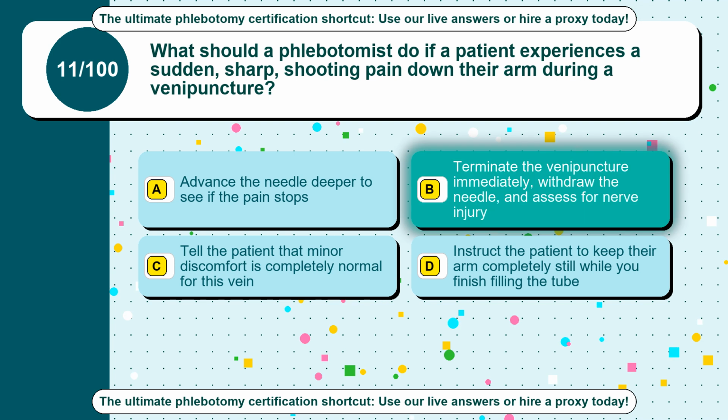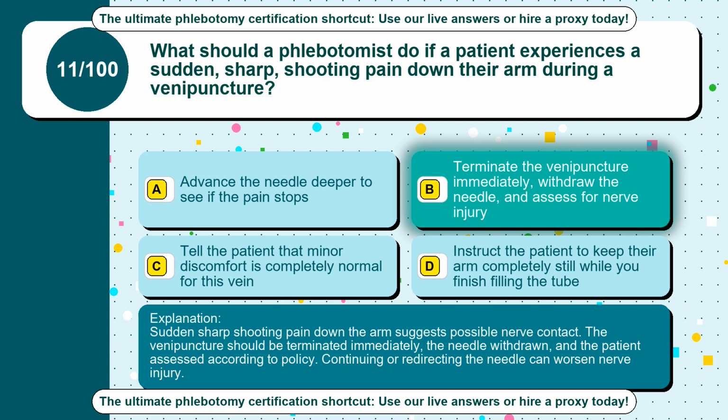The correct answer is option B. Terminate the venipuncture immediately, withdraw the needle, and assess for nerve injury. Sudden sharp shooting pain down the arm suggests possible nerve contact. The venipuncture should be terminated immediately, the needle withdrawn, and the patient assessed according to policy. Continuing or redirecting the needle can worsen nerve injury.